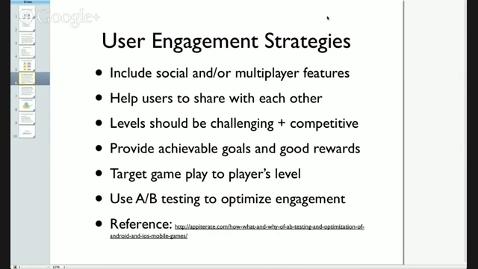And you really want to target the gameplay to a player's level, and keep in mind that there's usually two main kinds of gamers. There's what are called noobs, right? Novice players, and they're not going to know anything. And then you're going to have expert gamers, and they're going to know pretty much everything.